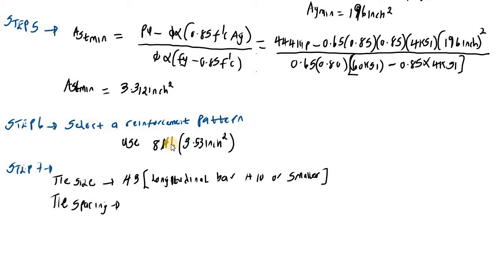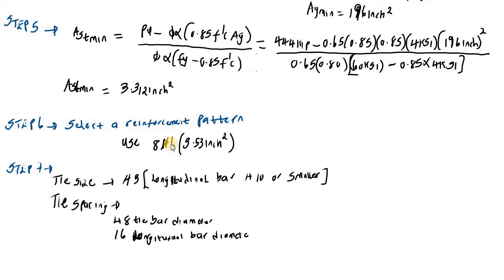So for the tie spacing, we are going to be taking a look at 3 values. The maximum of these 3 values is going to be the tie spacing. So what values are we taking a look at? We are taking a look at 48 multiplied by the tie bar diameter. Then we're also taking a look at 16 multiplied by the longitudinal bar diameter.